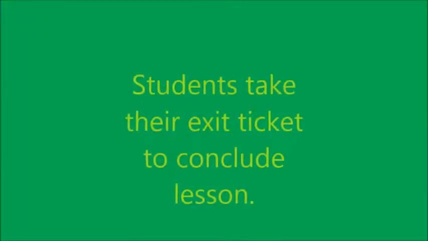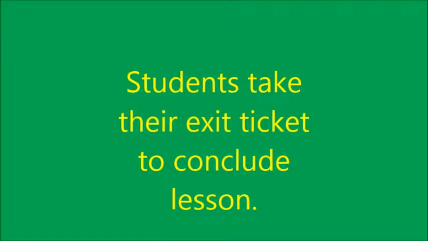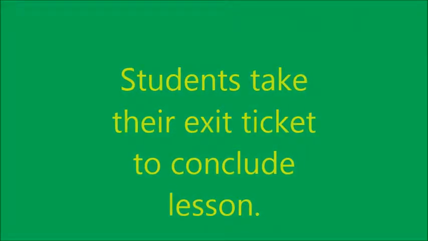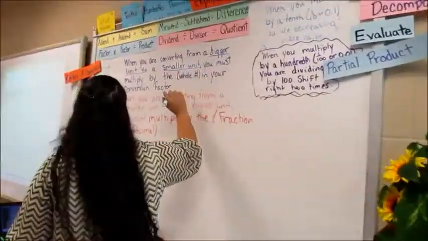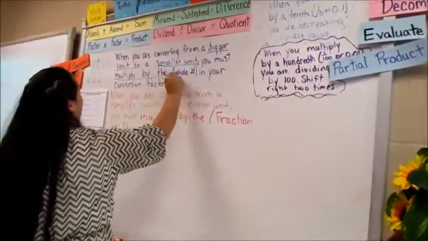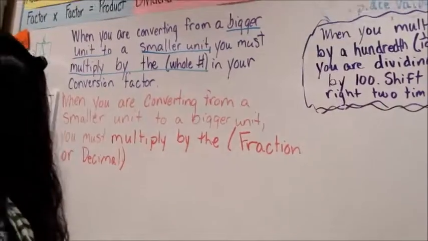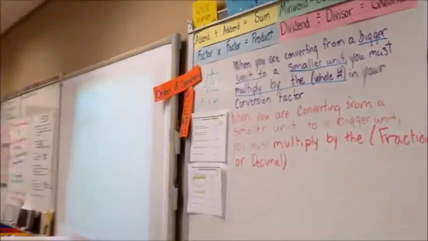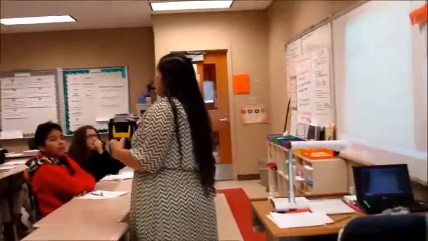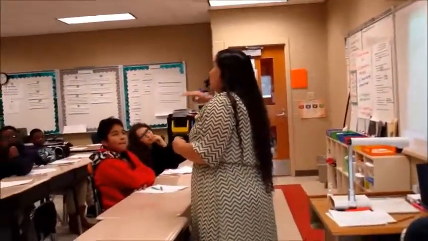You convert from a bigger unit to a smaller unit. And it makes sense because the bigger unit has smaller numbers, the smaller unit has bigger numbers. So if you want to make the numbers bigger, you gotta multiply.